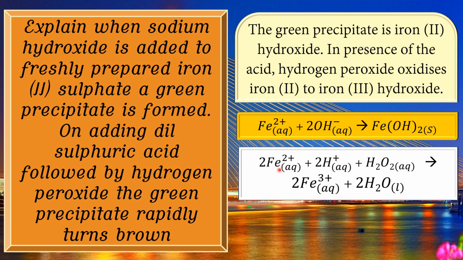What happened is that the iron 2 ions in the presence of the acid and hydrogen peroxide were oxidized to iron 3, and then we also got water. So iron 2 in the presence of the acid and hydrogen peroxide was oxidized to iron 3.